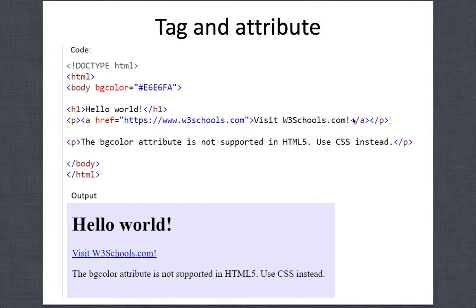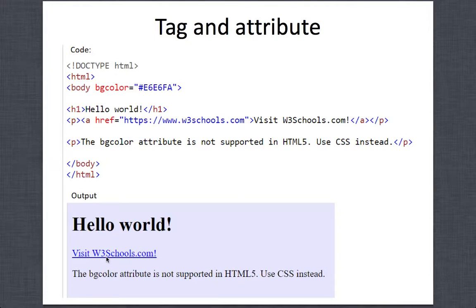Within this opening and closing of the a tag, whatever we give within it becomes a link. So here we have given visit w3schools.com. Now this visit w3schools.com becomes a link here. When I click on this link, what will happen?